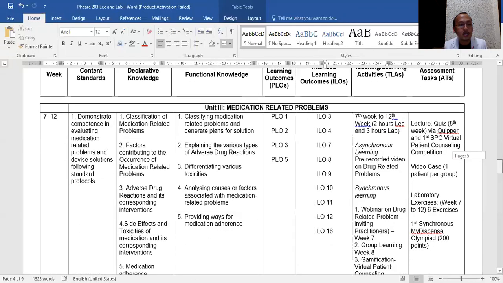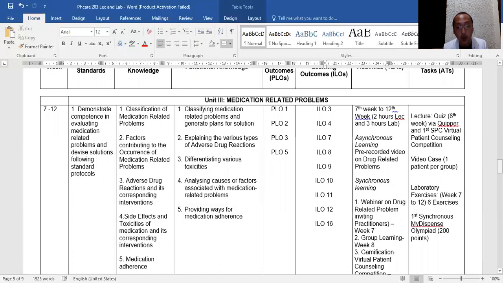On week number 7 to week number 12, it will be more about the demonstration of competence in evaluating medication-related problems and devising solutions following standard protocols. Still, we're going to have asynchronous learning on pre-recorded video on drug-related problems, and there will be synchronous learning.